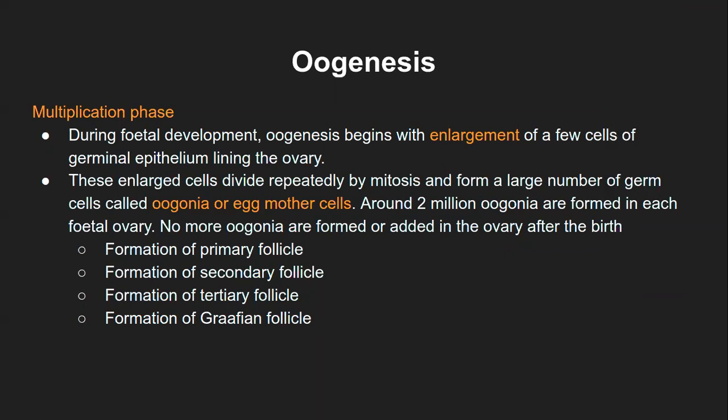we'll move forward with the first phase or first stage of oogenesis, that is the multiplication phase. Now, like we said, it starts at the 25th week when the female child is developing in the embryonal stages. So during fetal development, oogenesis begins with enlargement of a few cells of the germinal epithelial lining of the ovary.